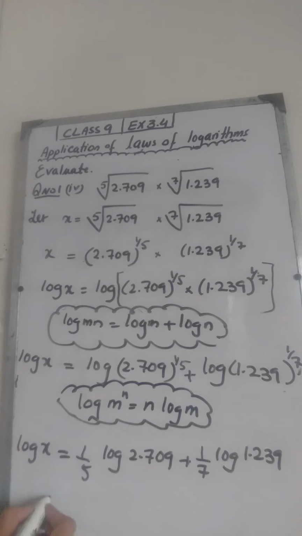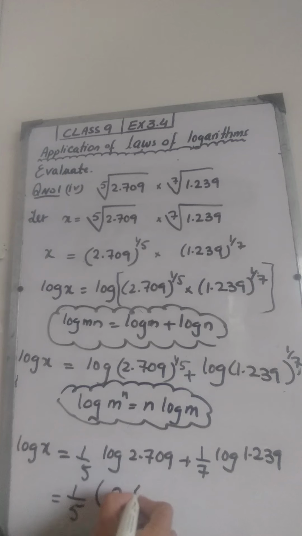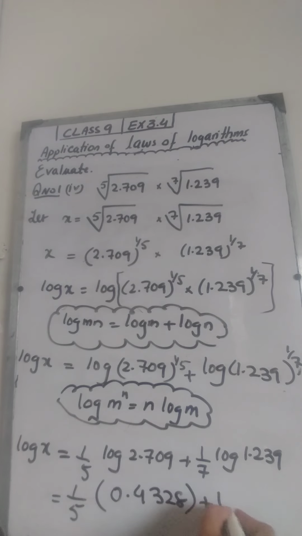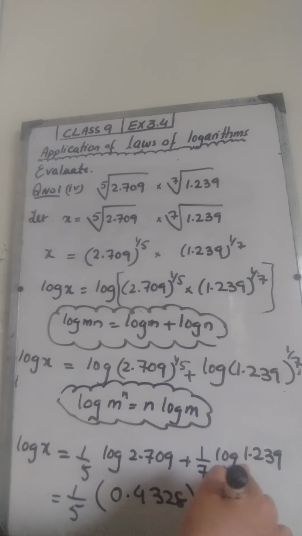Now the next step is very easy. We are going to find 1 over 5 into log of 2.709 from the calculator. What we get is log of 2.709, this is equal to 0.4328, plus 1 over 7 into log of 1.239.